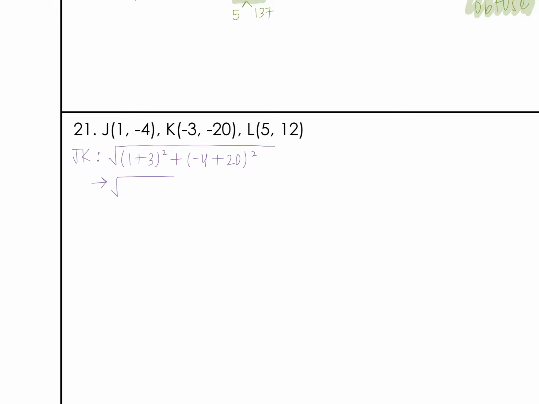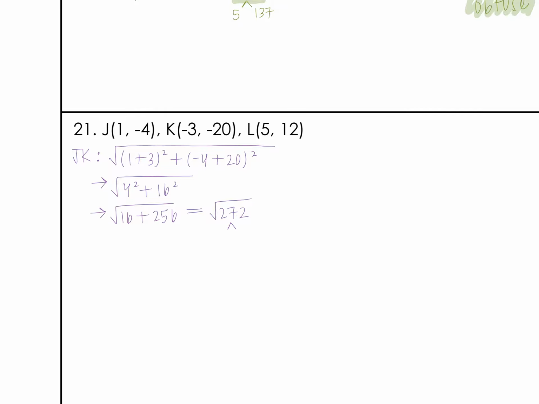And so when I add them, we're going to get 4 squared plus 16 squared over here. So 4 squared is going to give me 16 plus 16 squared, which is going to give me 256. And this will be equal to the square root of 272, which once again, I'm just going to practice getting used to simplifying radicals.